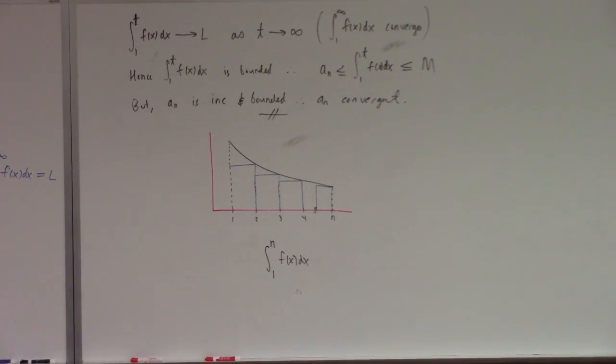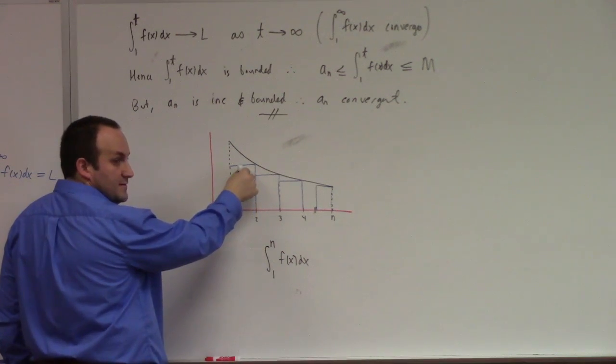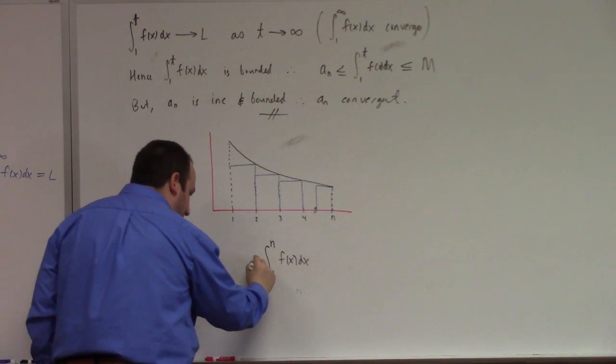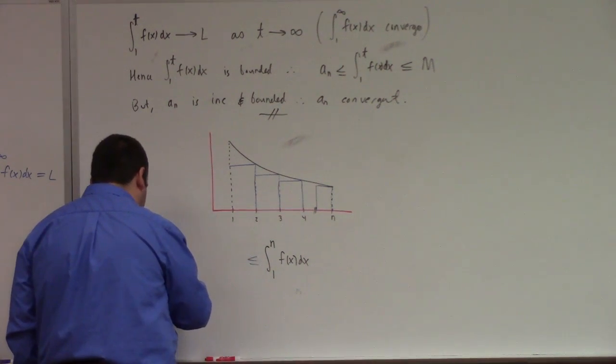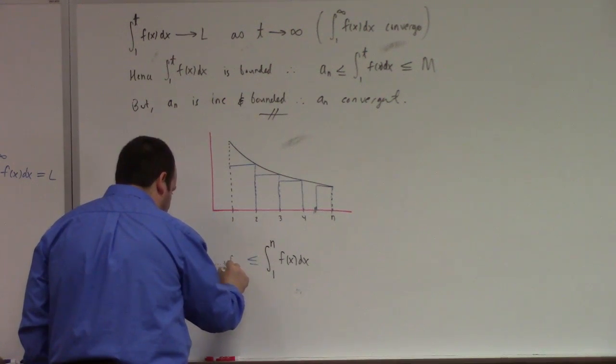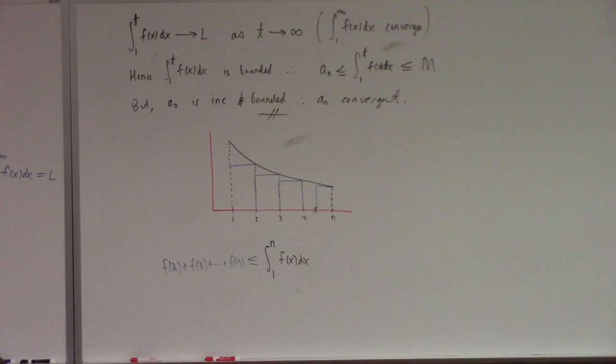But you guys can see as well as I can, the height of this is f of 2, f of 3, f of 4, f of n. So that's less than or equal to the integral: f of 2 plus f of 3 plus dot dot dot plus f of n. That's a lower sum for this integral, right? That's an underestimate of the integral from 1 to n.